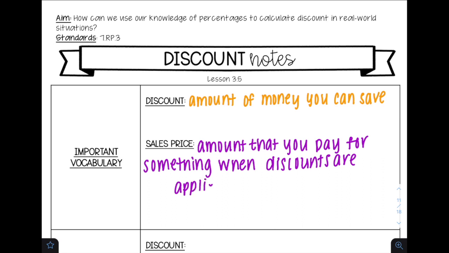And usually discounts are applied by a percentage, so you get a percentage off, and once that amount is taken off of the original price, you're left with your sales price.